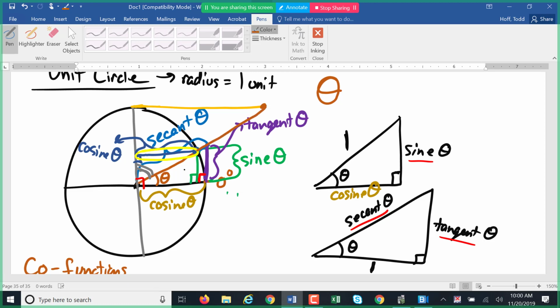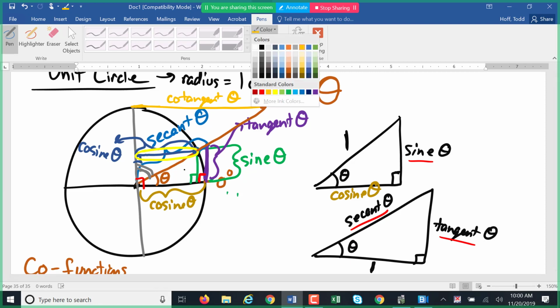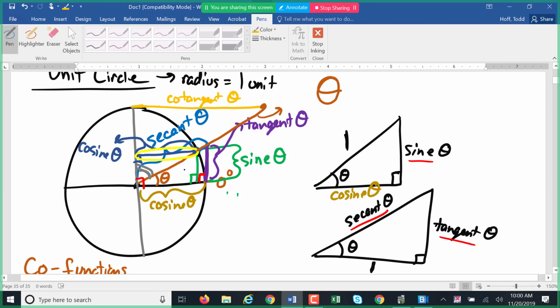They would intersect out here. So this orange line is the cotangent of theta, and this brown length here is the cosecant of theta. In other words, this is the tangent of the complement. This is the secant of the complement.